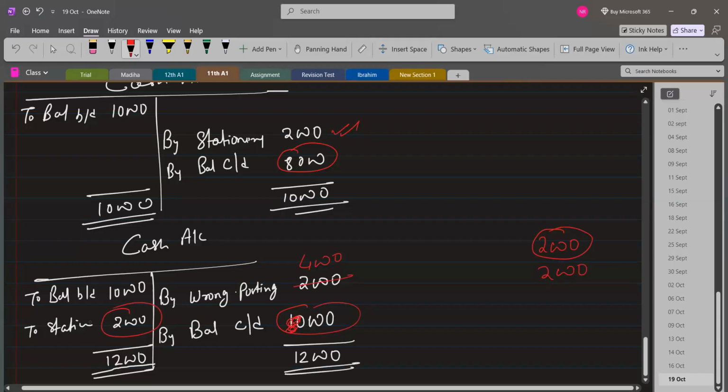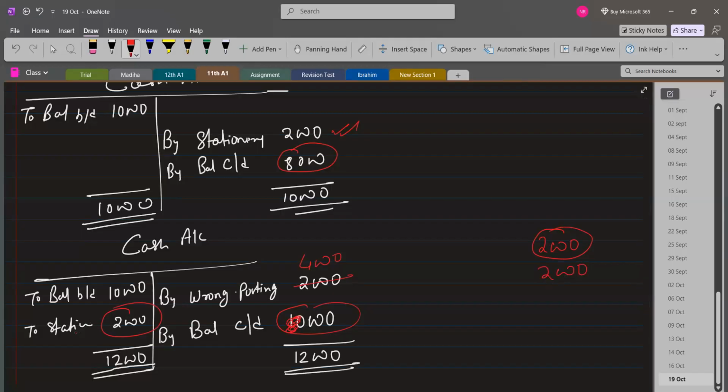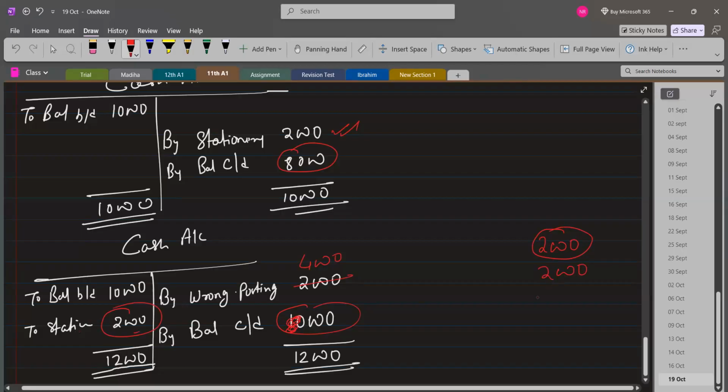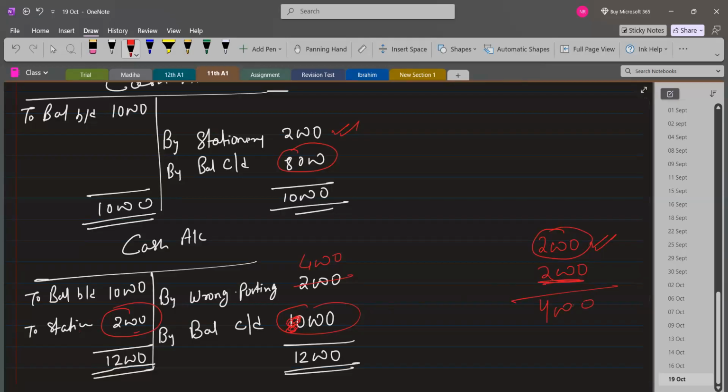Whenever there is a mistake on the opposite side, then you write it on the opposite side of that entry. So this 2,000 will be written on the credit side, then it will be rectified, and 2,000 was the original amount. So the total should be 4,000 on the credit side. That's why I have written 4,000. So whenever there is a wrong side entry, you have to write on the opposite side double the amount of the mistake. In that situation, you can rectify.